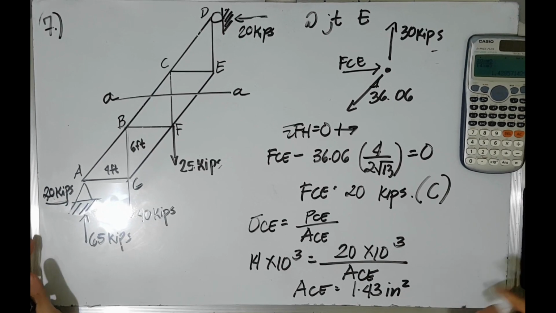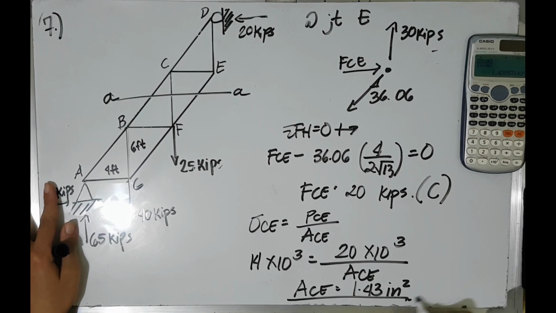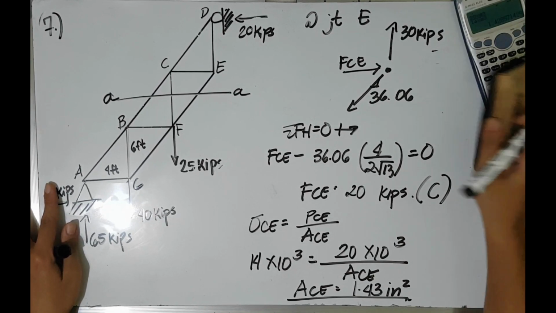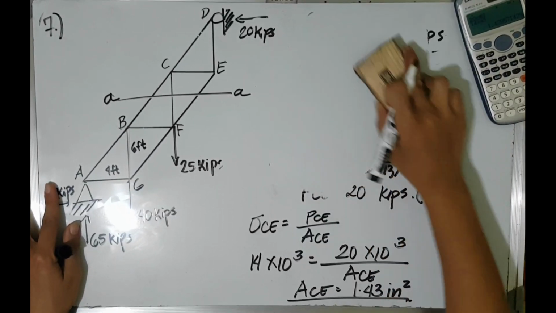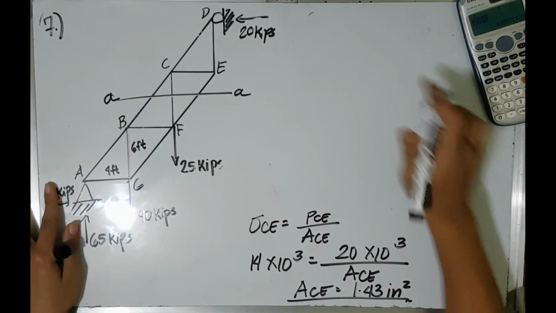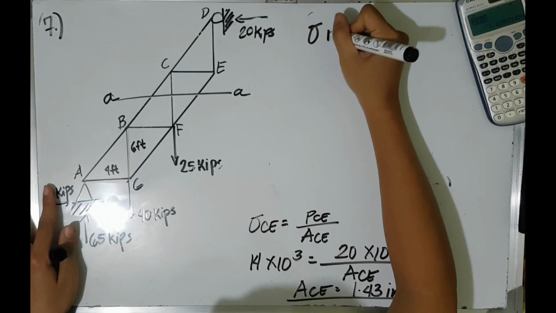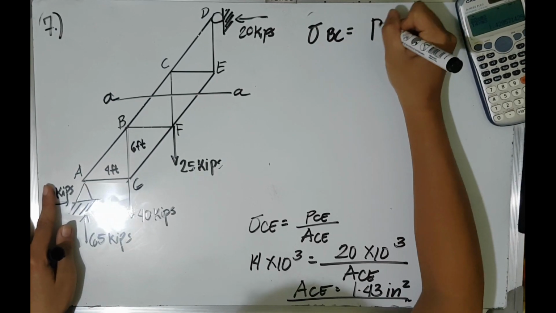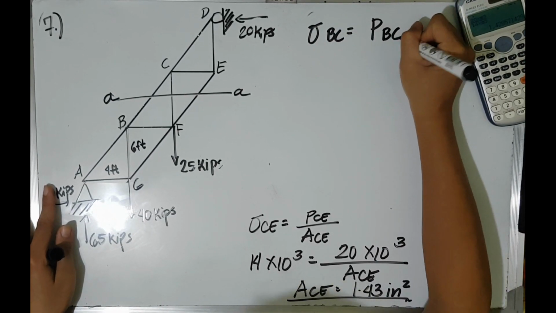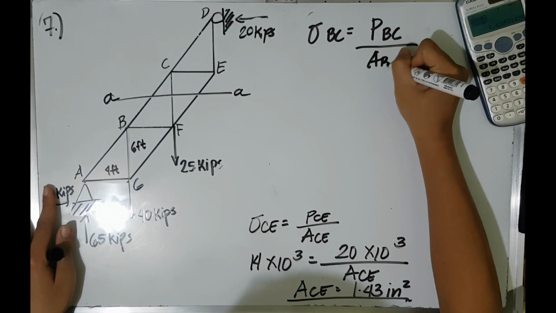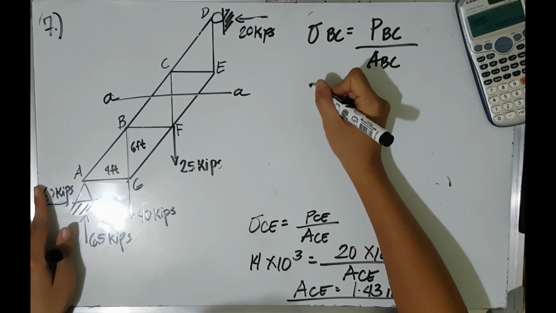And then for the member BC, same procedure. Our stress in member BC is also equal to 14 times 10 raised to 3 since it is in compression.